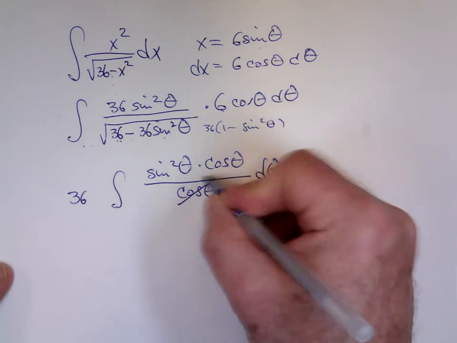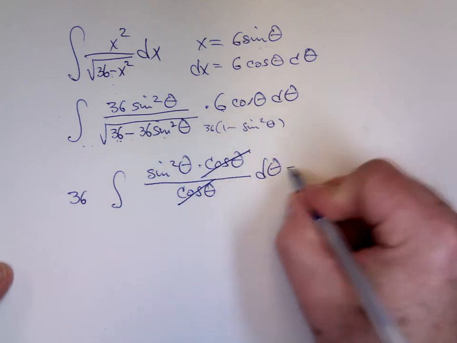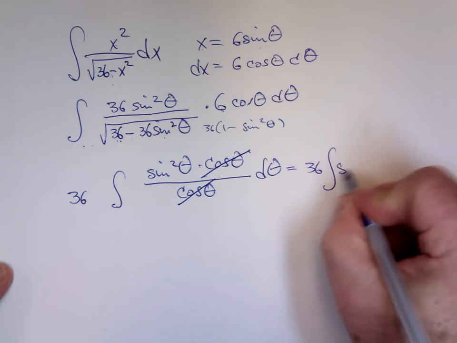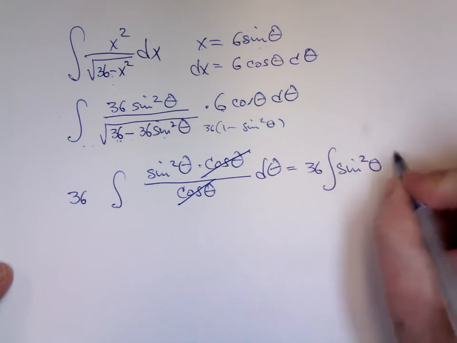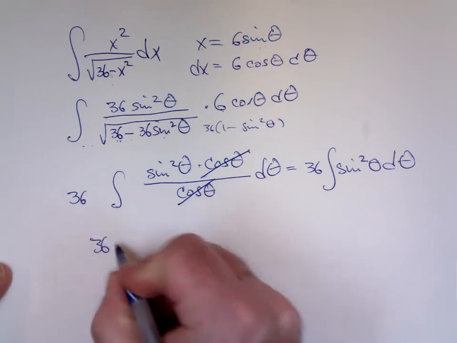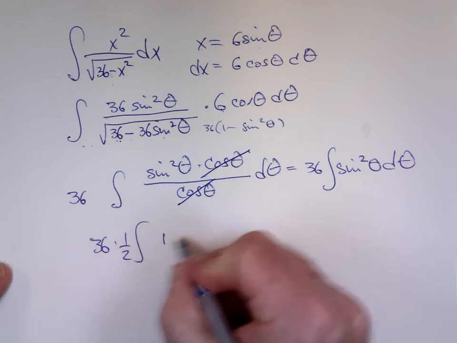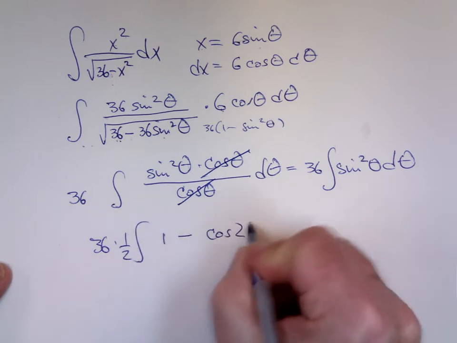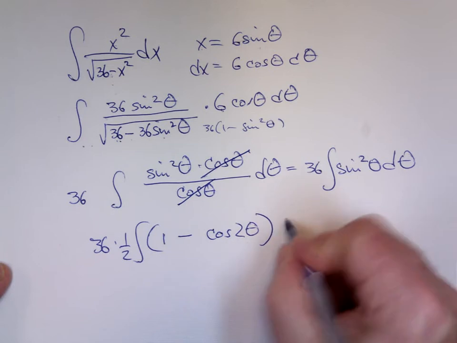Cosine cancels. And I have 36 times the integral of sine squared. Now, how do you integrate sine squared? Well, it's 1/2 the integral of 1 minus cosine 2 theta, the half-angle substitution.